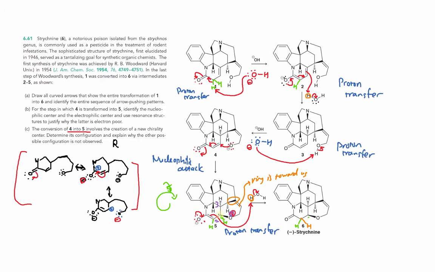And to go back to the plane of the page, the bond from the chiral center carbon to the oxygen has to be popped as well to connect them. Therefore, we don't see any configuration other than the R here.